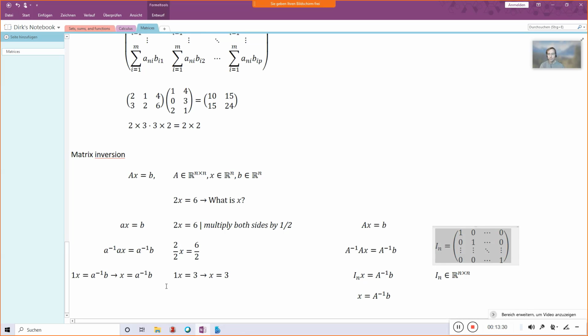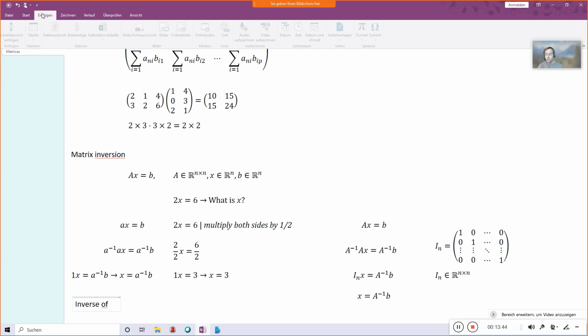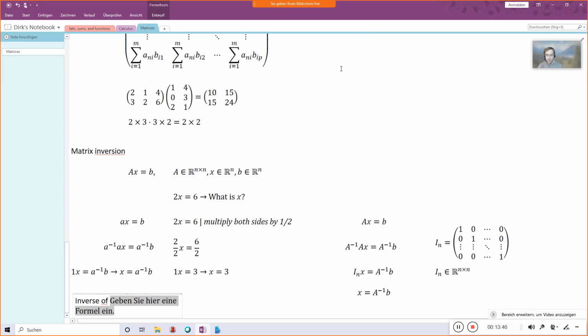So the inverse of A, and this then leads to the definition of the inverse of a matrix. So the inverse of a square matrix, and we're only talking about square matrices, and this is also important, we're only talking about invertible matrices. So there are matrices for which these inverses exist, but there are also many matrices for which they don't exist.